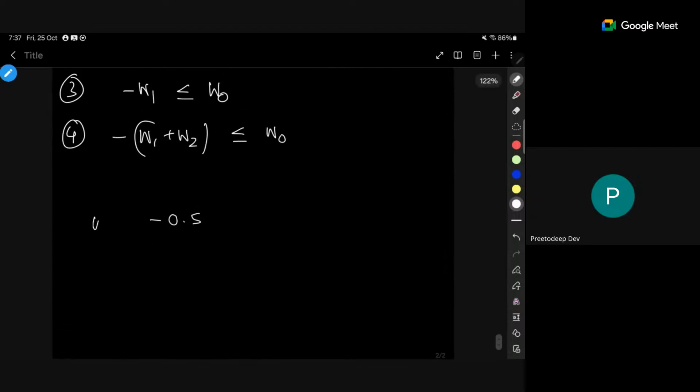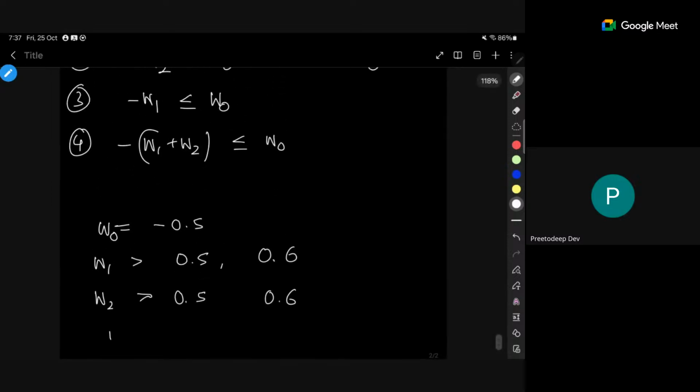Then W1 has to be greater than 0.5, so let's take 0.6. Same with W2, it also has to be greater than 0.5, so let's take 0.6.